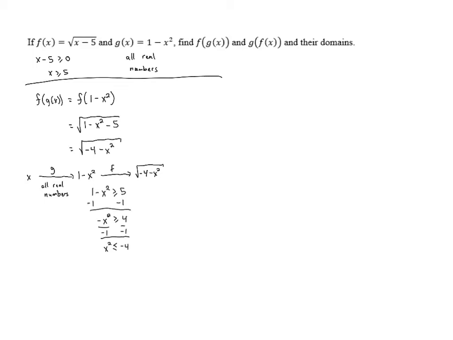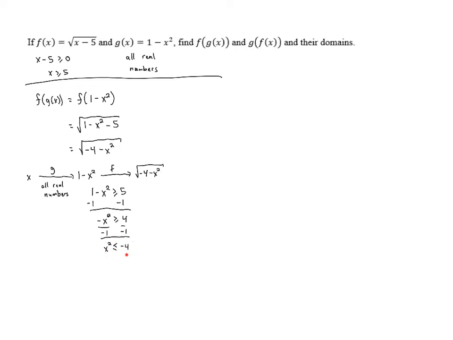Now here's the problem. When we take a number and square it, the result will always be positive or 0. And positive numbers and 0 are never less than or equal to negative 4. It is impossible to pick an x value, a real number, square it, and get something that's less than or equal to negative 4.